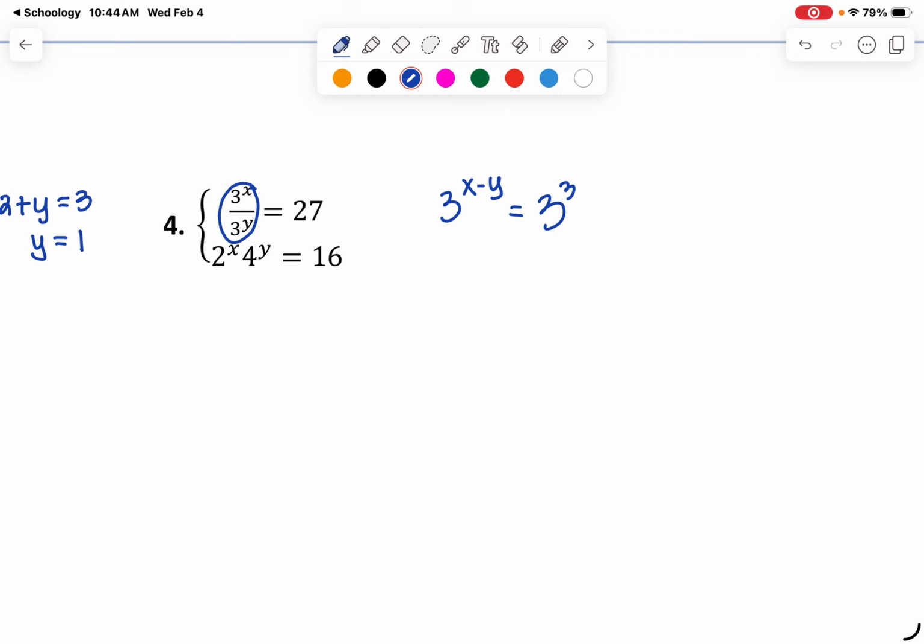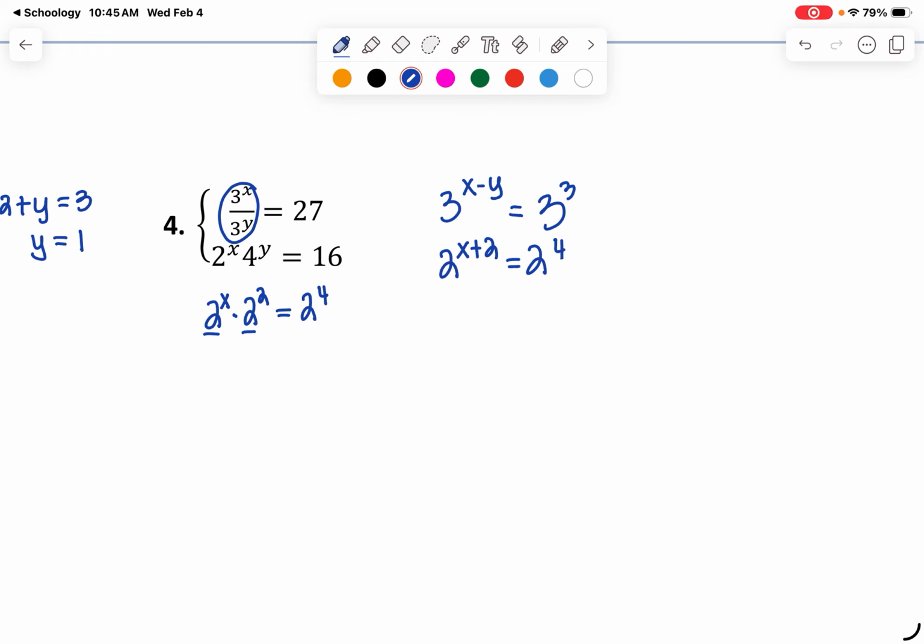And then left-hand side, base of 2, base of 4, which I can rewrite the 4 as a base of 2. So that is 2 to the x times 2 squared is equal to, and then 16 is 2 to the 4th. And then I have the same base with multiplication, so keep your base and add your exponents.